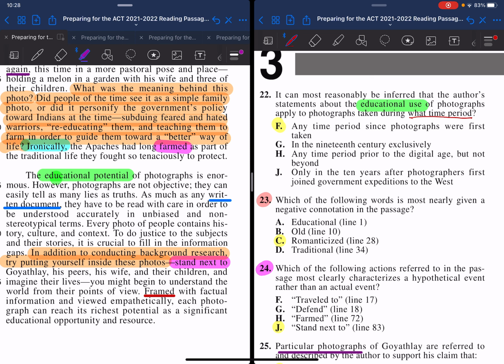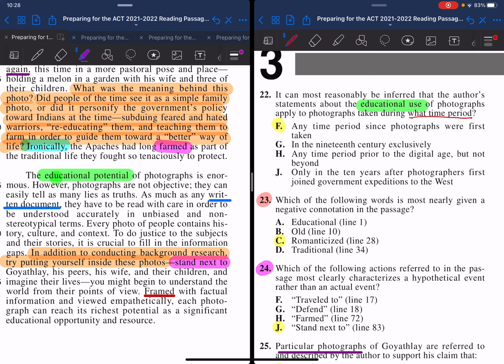24. Which of the following actions referred to in the passage most clearly characterizes a hypothetical event rather than an actual event? Okay. So here we got lines 17 and 18. It says, Indian delegations that traveled to Washington to defend tribal treaty rights were photographed in studios and in front of federal buildings.